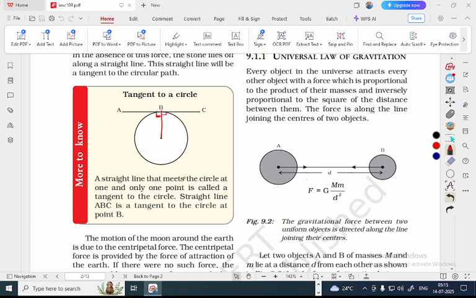A straight line that meets the circle at one and only one point is called the tangent to the circle. A straight line ABC is a tangent to the circle at the point B. That means it is 90 degrees, right? That is tangent to the circle.